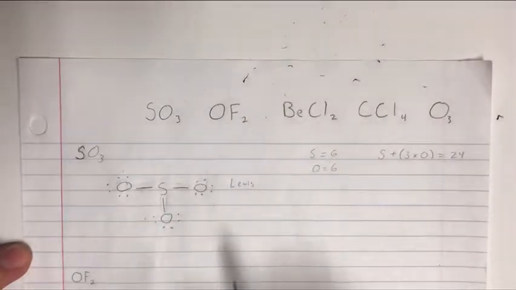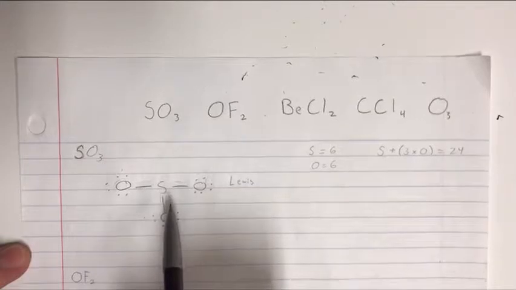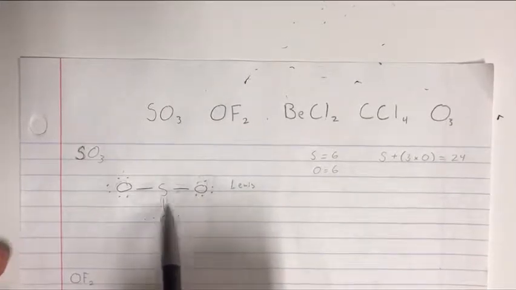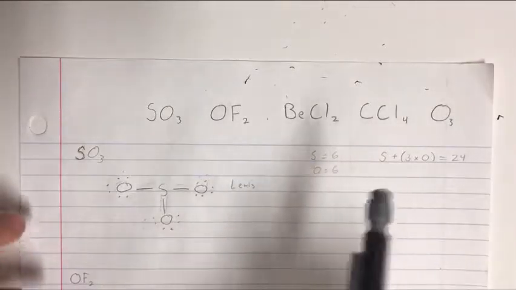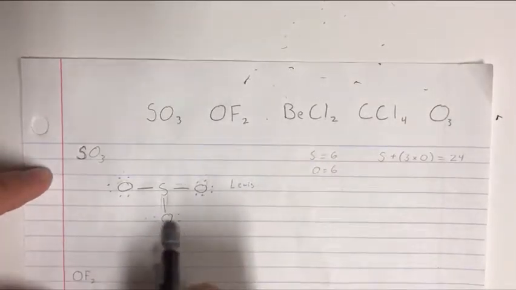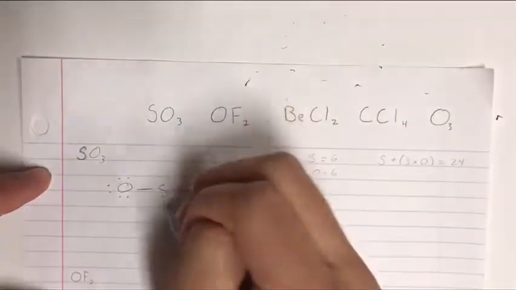Okay, so we're at this step. Now, this is violating the octet rule because it only has 6 electrons attached to it. So based on the rules of writing Lewis structures, we make a double bond to fill the valence of the center atom.